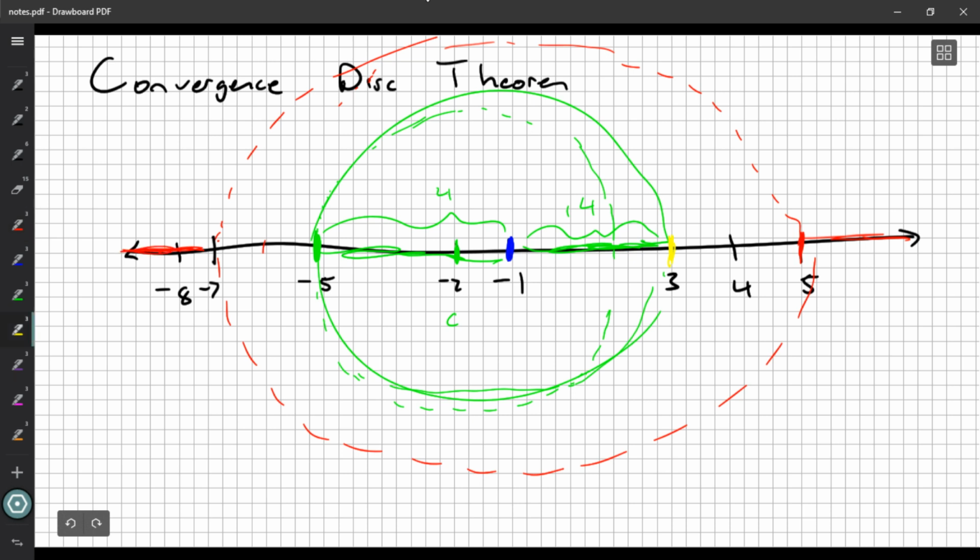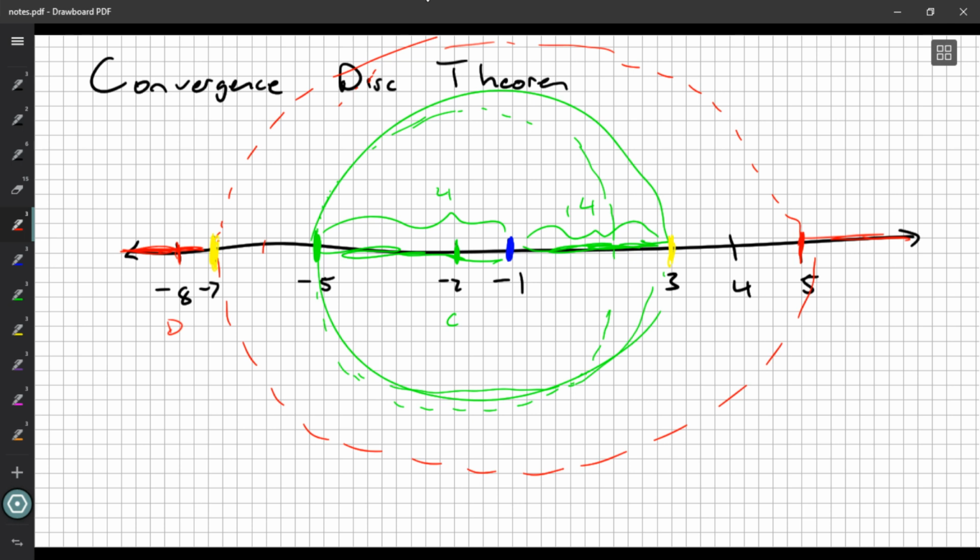But not necessarily as far away from negative 1 as 5 is. So we can't say anything about negative 7, so we'll fill it in with yellow. What do we see? Well, negative 8 would result in divergence. So anything closer than negative 5 converges, anything further away from negative 1 than 5 will diverge. And this is all a consequence of the convergence disk theorem.